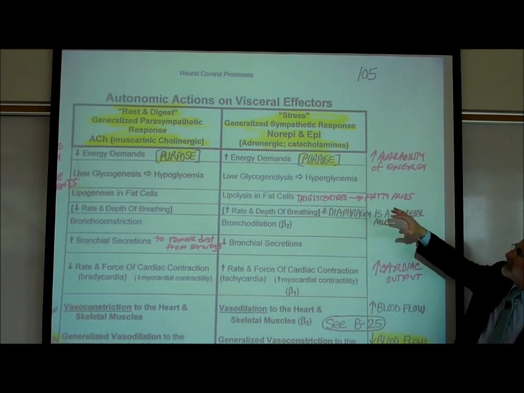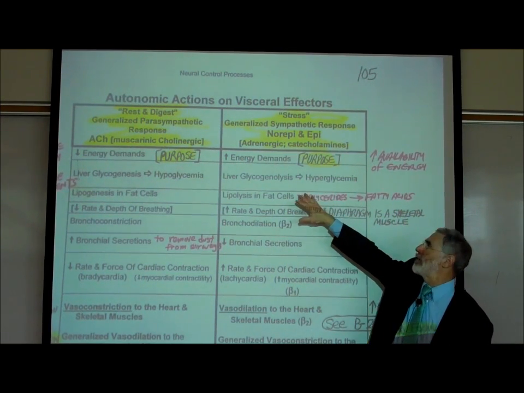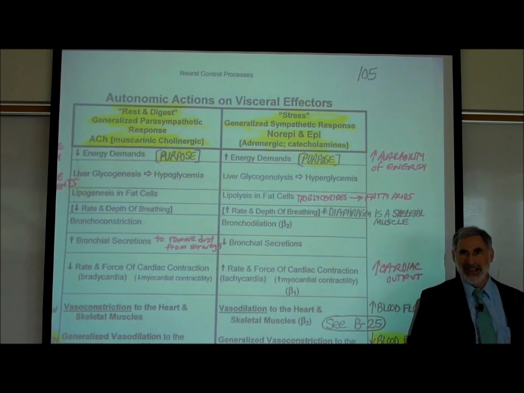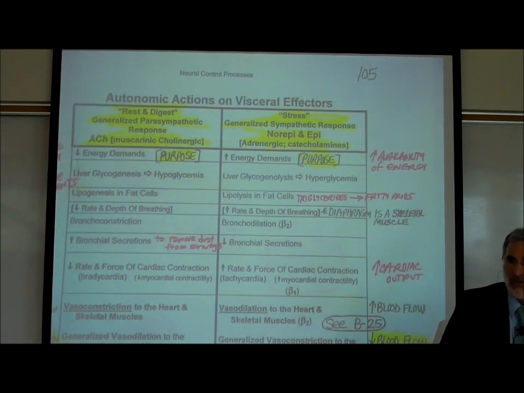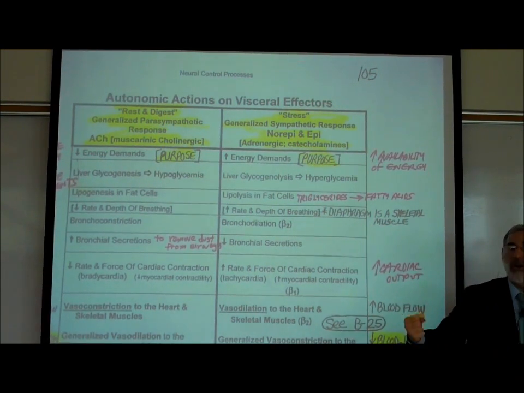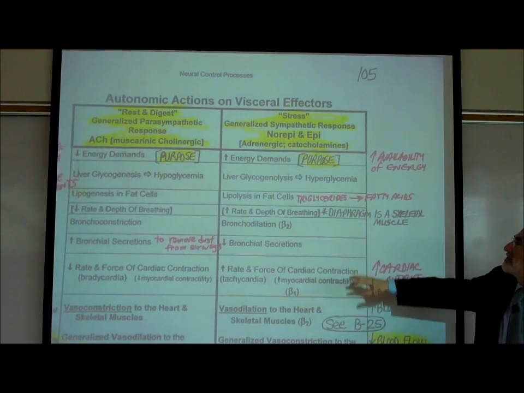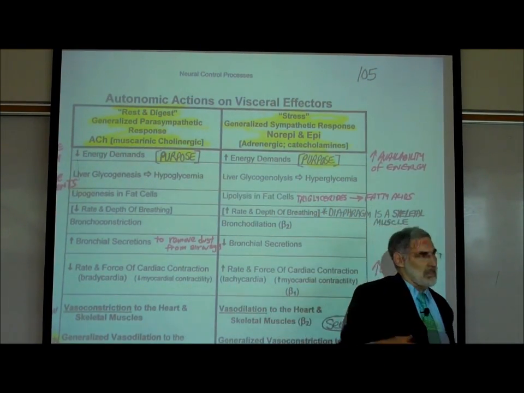So the sympathetic effect on your liver is to cause your liver to start breaking apart the stored glycogen back into glucose and release that glucose into the bloodstream to provide more sugar for the muscles and other active tissues of your body. So the sympathetic effect is to promote liver glycogenolysis.